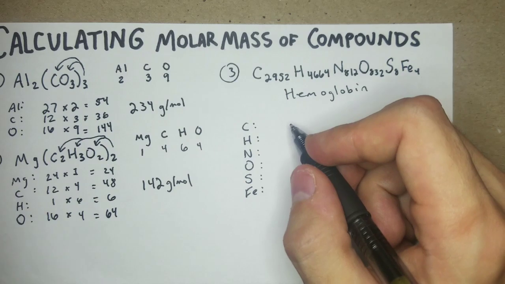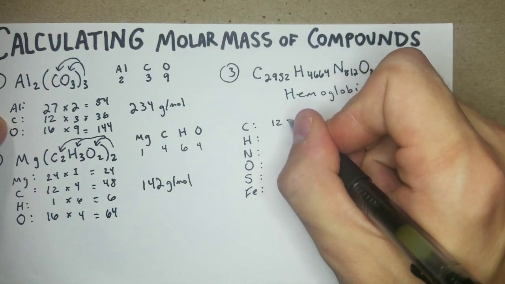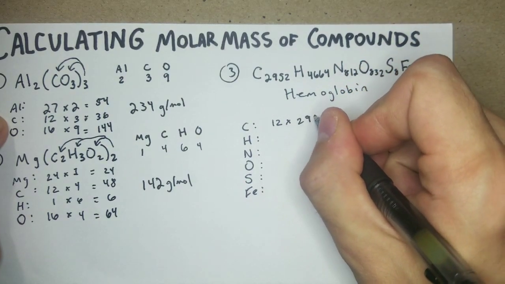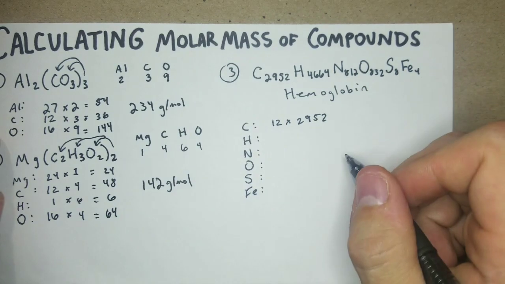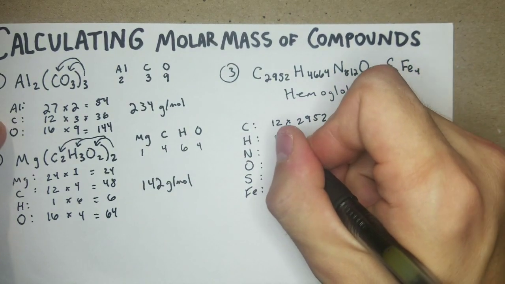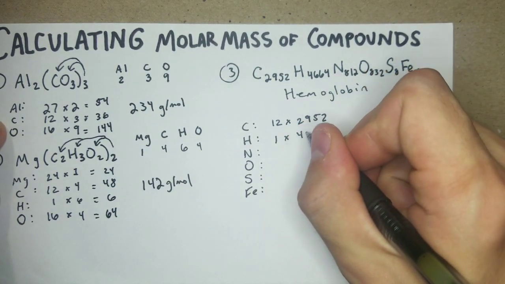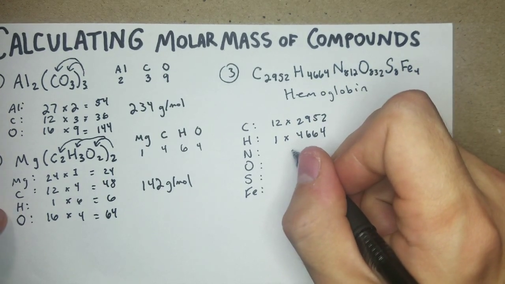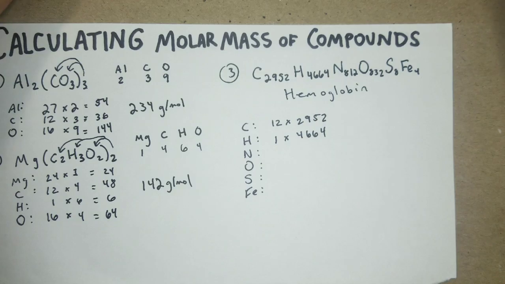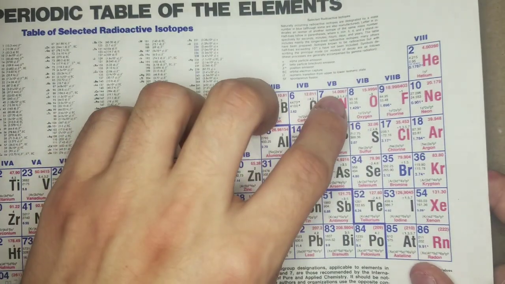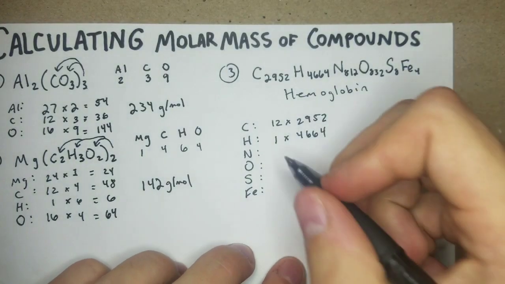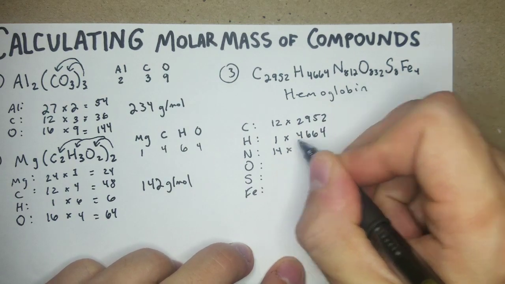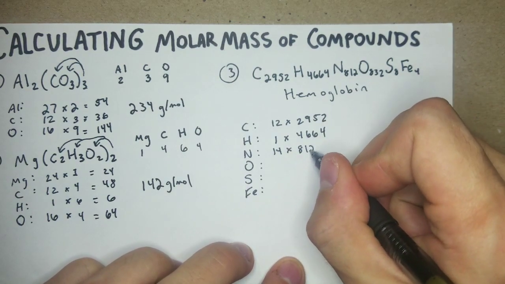So here we have carbon, it's going to be 12 times 2,952. Then hydrogen is just 1 times 4,664. Nitrogen, did we have that? Nope, that's over here. 14. So we have 14 times 812.